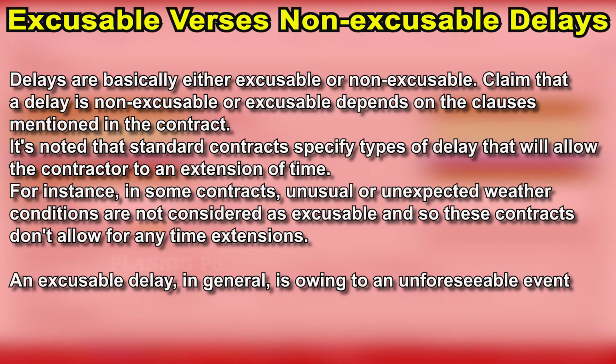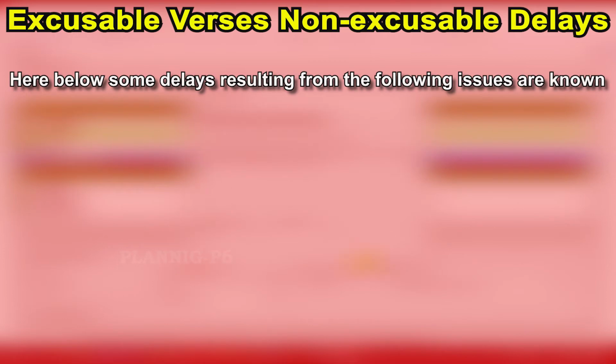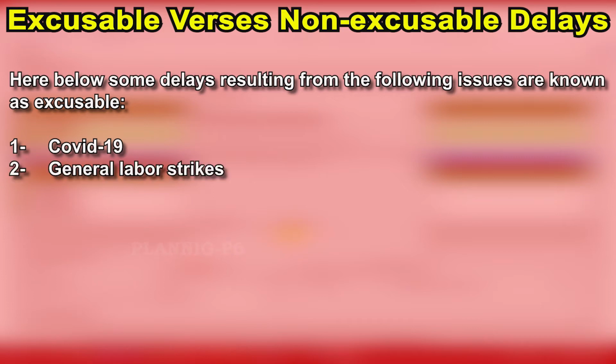An excusable delay in general is owing to an unforeseeable event beyond the contractor's or subcontractor's control. Delays resulting from the following issues are known as excusable. Number 1, COVID-19, most critical. Number 2, general labor strikes.